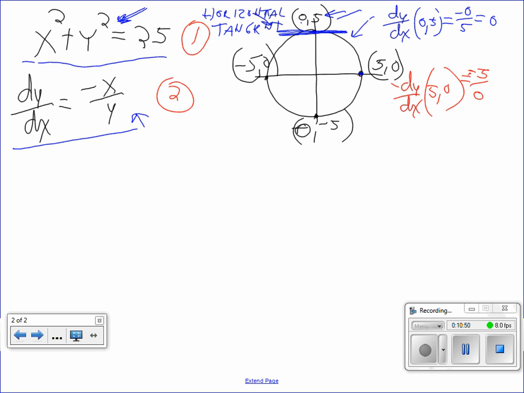Ooh, that's undefined. Undefined or infinite, right? And does that make sense? Well, sure it does. It makes sense because, look, we've got a vertical tangent line. This is one of these cases where the derivative does not exist.